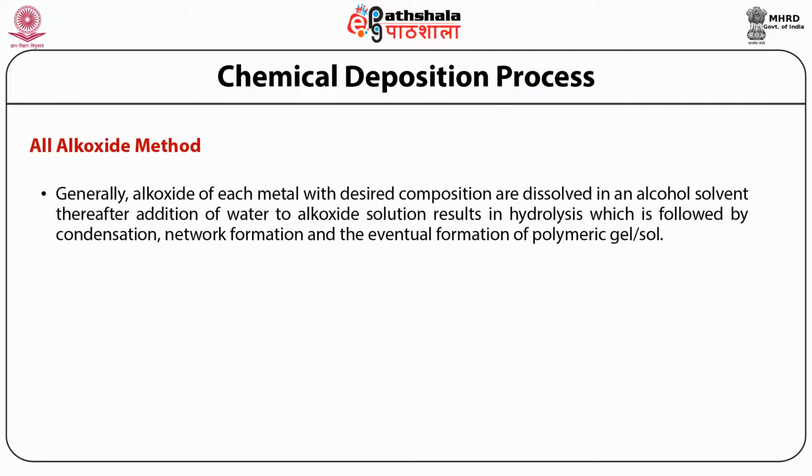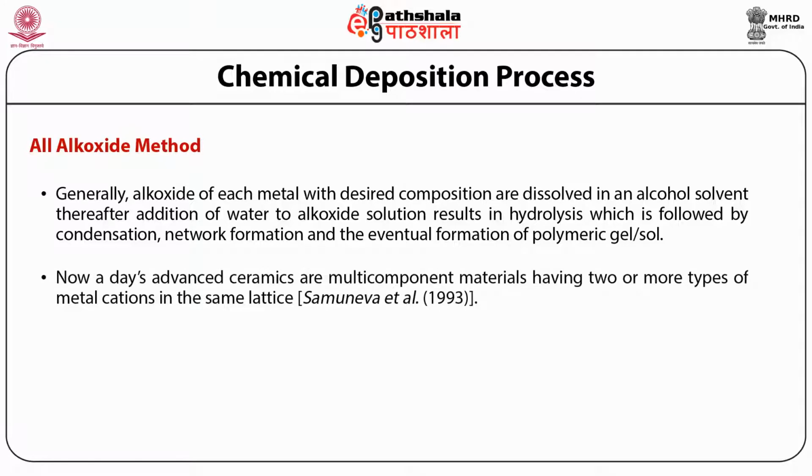Generally, alkoxides of each metal with desired composition are dissolved in an alcohol solvent. Thereafter, addition of water to the alkoxide solution results in hydrolysis, which is followed by condensation, network formation, and the eventual formation of polymeric gel or sol.